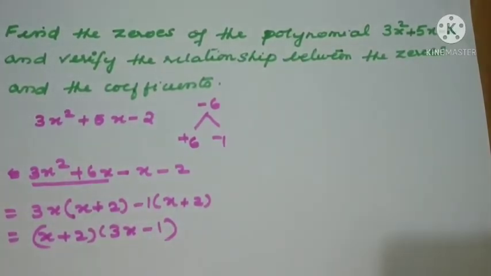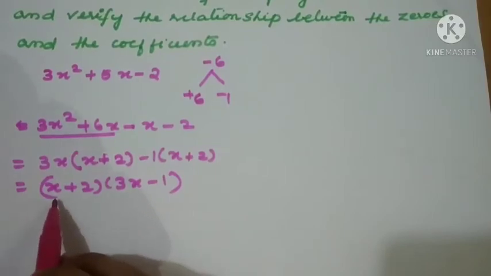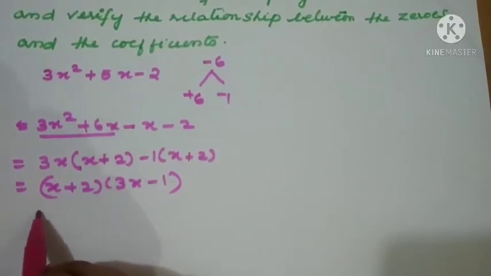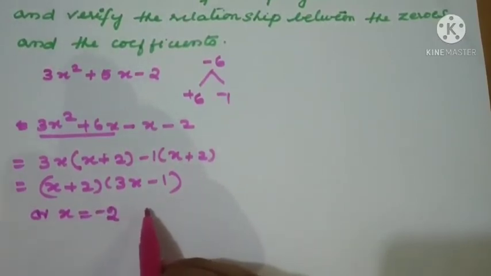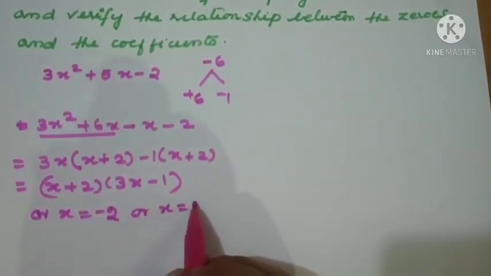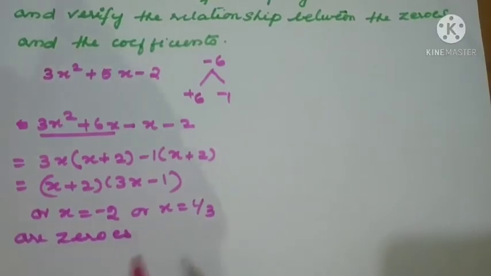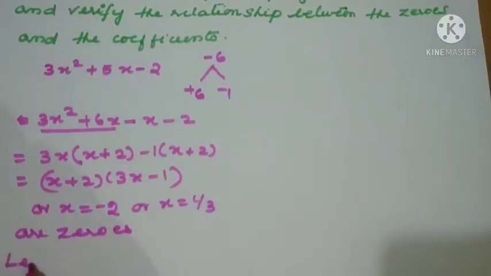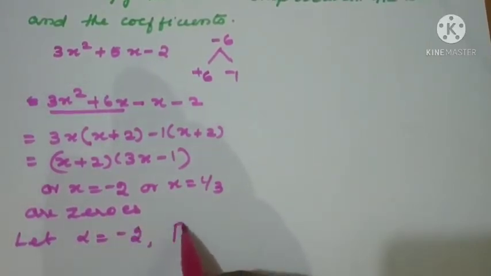Now we got it, both are in factor form by splitting the middle term. Now what is the next step? This implies we should equate each term to 0, or we can say that x equal to minus 2 or x equal to 1 by 3 are the zeros. So let us take alpha equal to minus 2 and beta equal to 1 by 3.